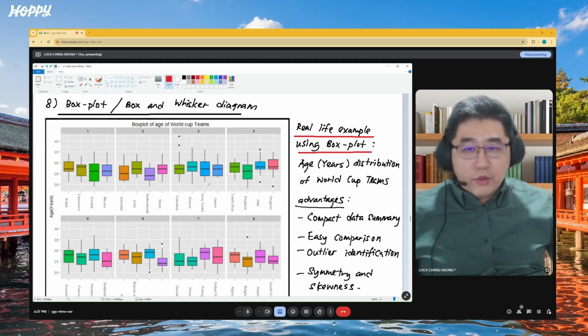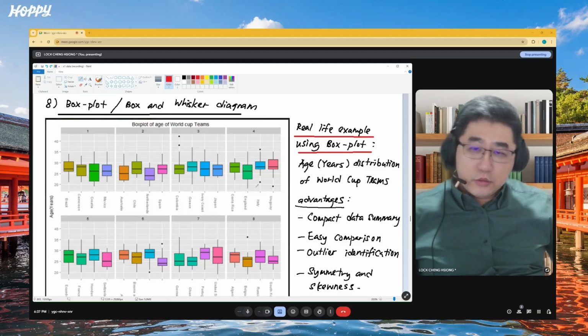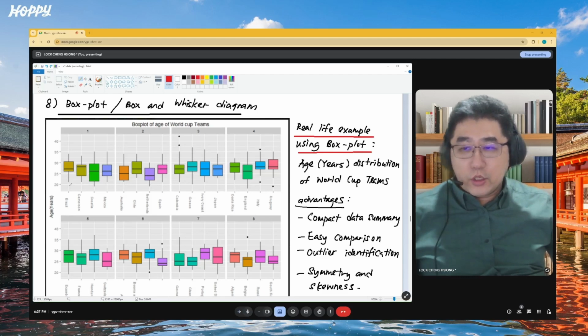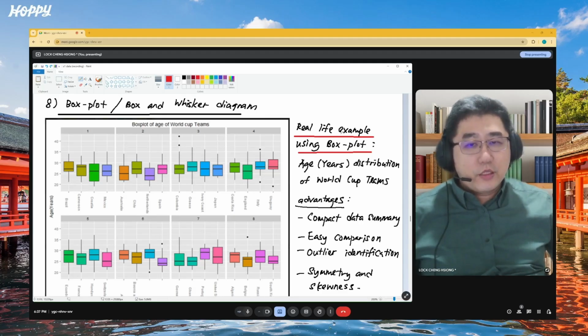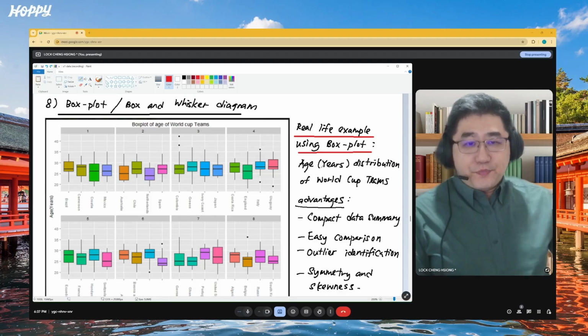By comparison, you can see that Netherlands and England have players younger than 20 years old. This is a real life example of a box plot, and as you can see, the box plot here can help us do a comparison.